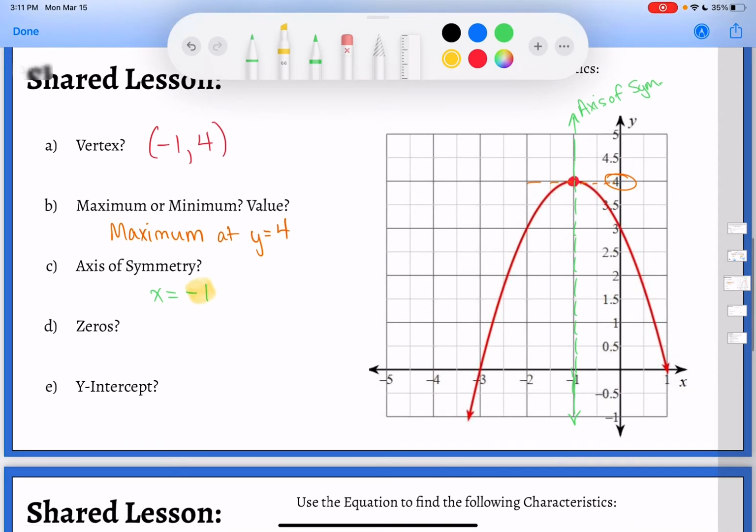I obviously use my x coordinate right here for my axis of symmetry, but I also use the y coordinate to see my maximum or minimum, right? So finding the vertex, not only does it really help us picture our graph and where that turning point is, but it also really helps us pick out a lot more information, that maximum or minimum value, as well as the axis of symmetry.